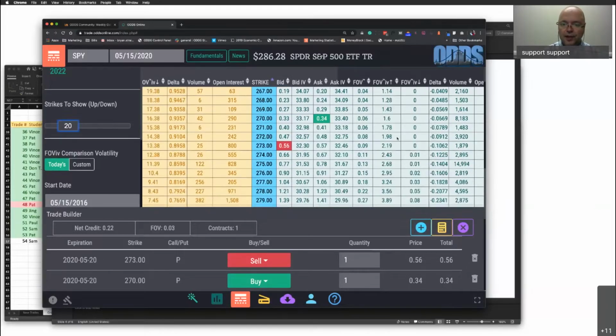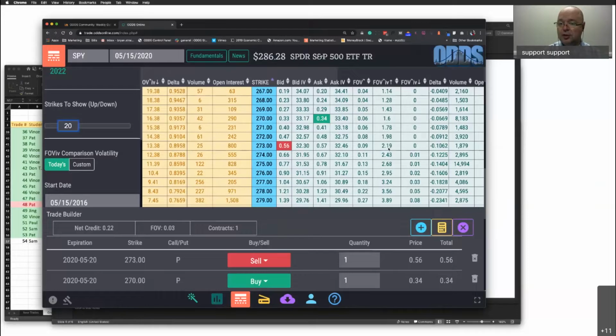There we go. So the current price of this is 56 cents. When volatility is higher, I'm getting a price of $2.19 on this. This one's 34 cents. When volatility is higher, I'm getting a fair price of $1.60.